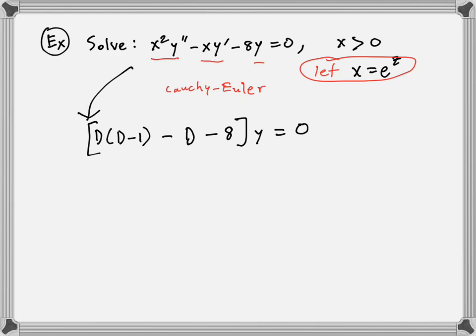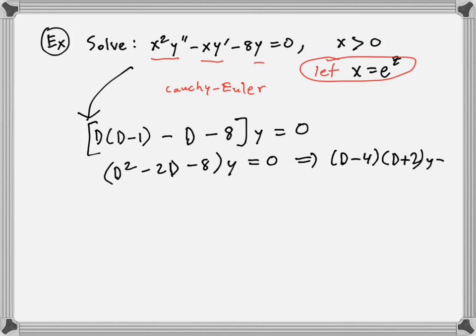Okay? So how do we solve this? We actually need to distribute this out. So doesn't this become d squared, and then d squared minus d minus d is minus 2d, minus 8. All of that of y is equal to 0. And so that factors into d minus 4, d plus 2 of y is equal to 0. So what does that mean? That means that we can go ahead and write our solutions, right?